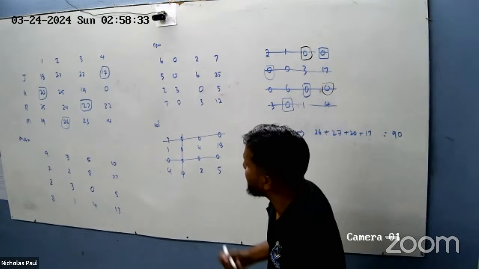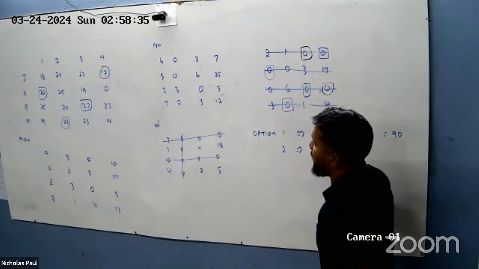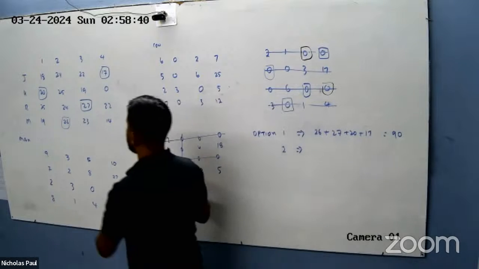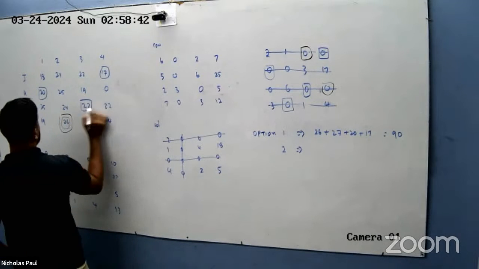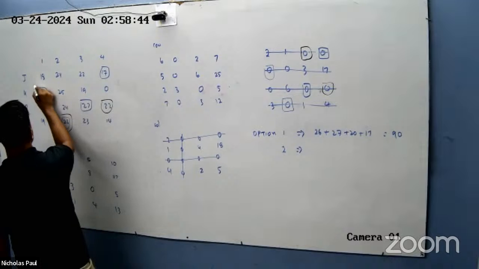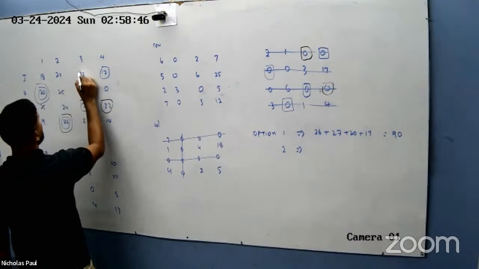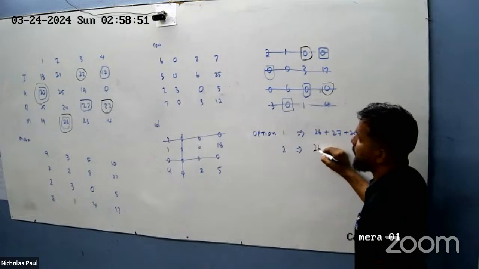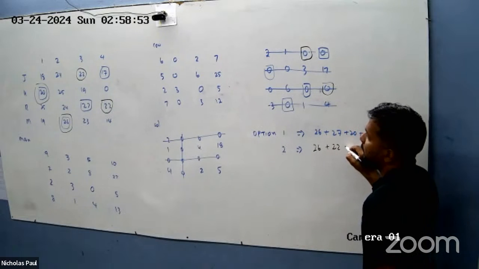Option 2 giving us what? Option 2 will be 26, 22, 20, 20.